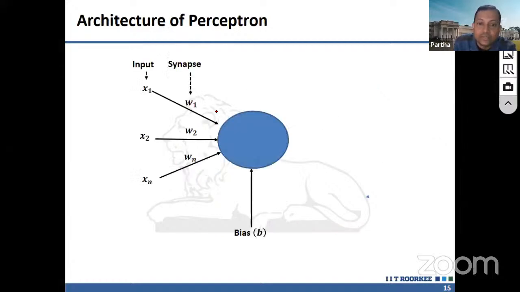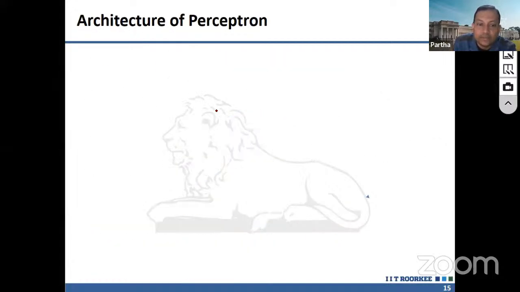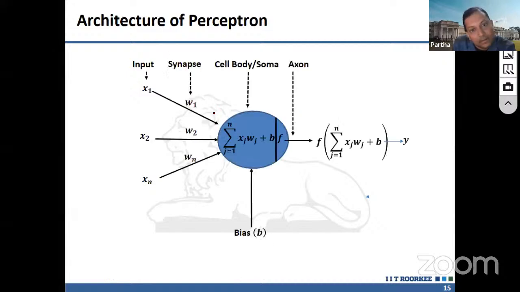Now let us relate this to the neuron. You have the inputs, you have the synapses w1, w2, w3, and then you have the cell body where these are processed. After that we have a function which calculates the output, and whatever output it produces is sent to the next neuron.